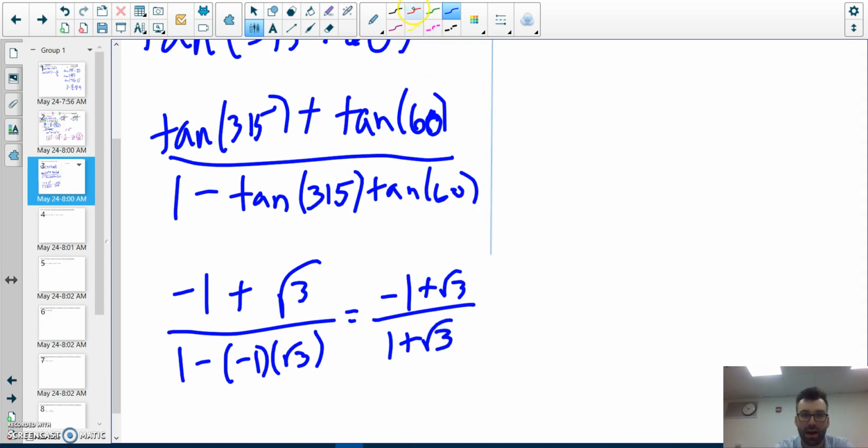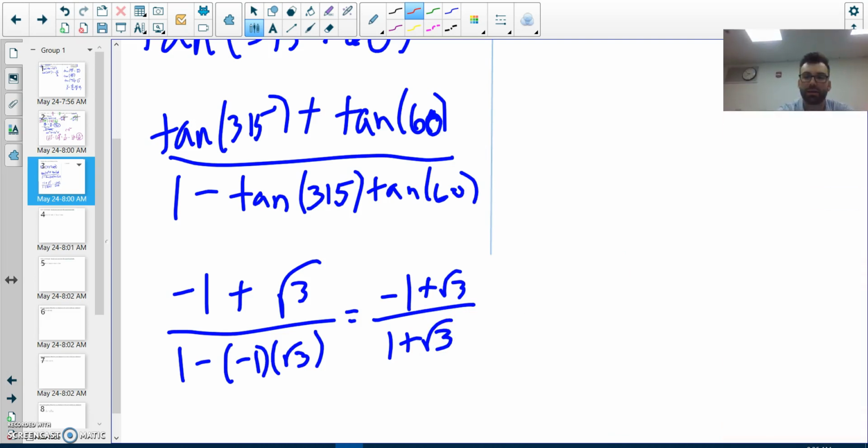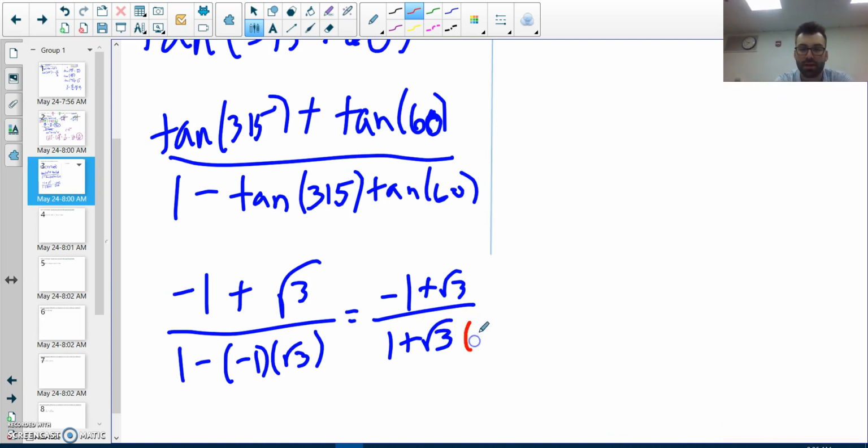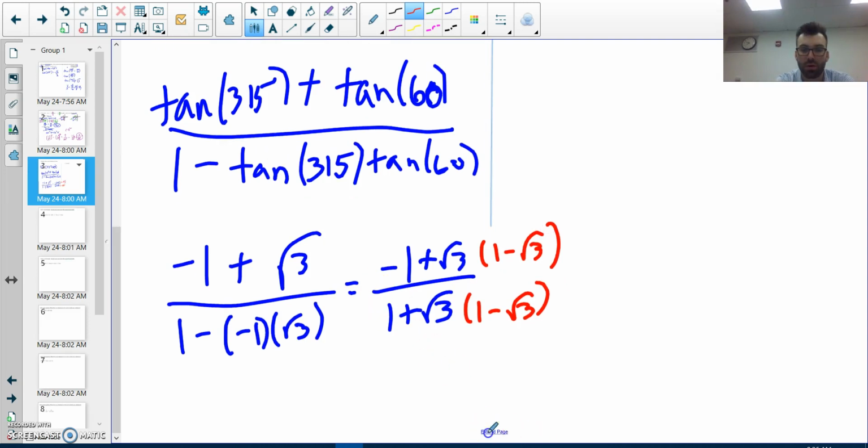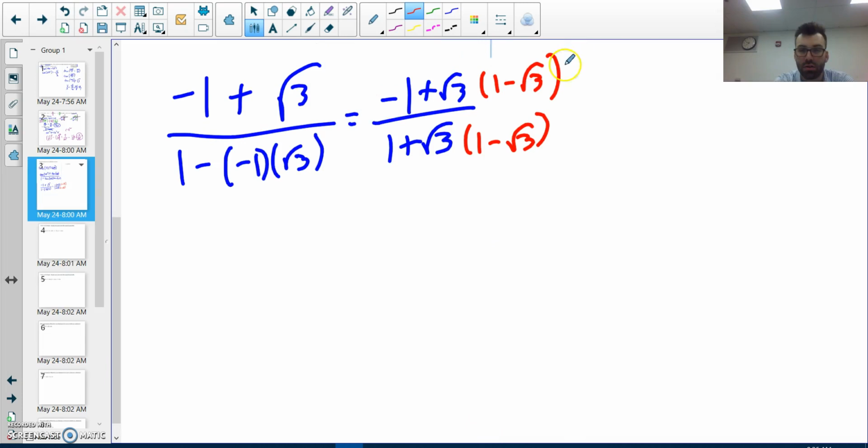Now remember, I cannot have a radical in my denominator, so I have to multiply the top and the bottom by the conjugate. Multiply my numerator and denominator by the conjugate. Okay, you quote-unquote FOIL it out. Multiply the top.